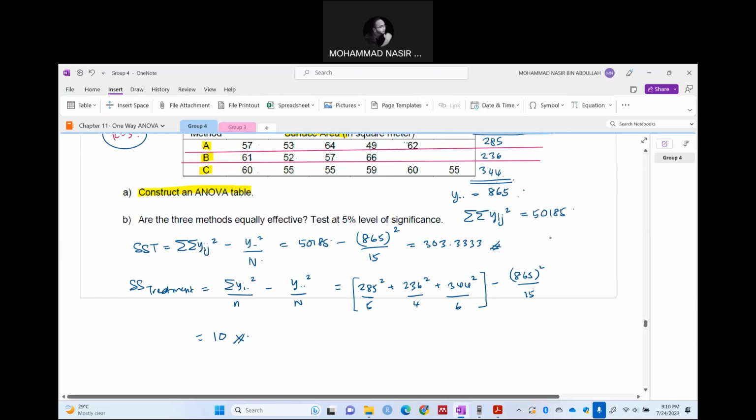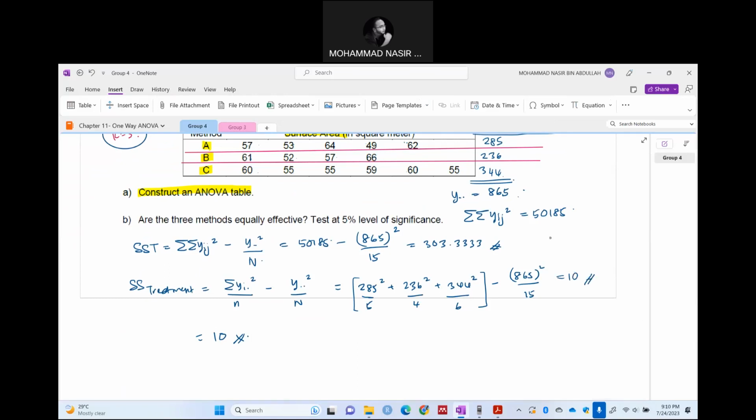Saya letak tepi ni 10. Okay, so sum of square error should be equal to 303.33 minus 10, which should be 293.33.